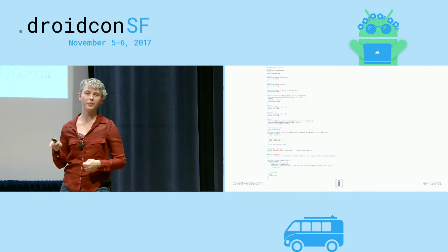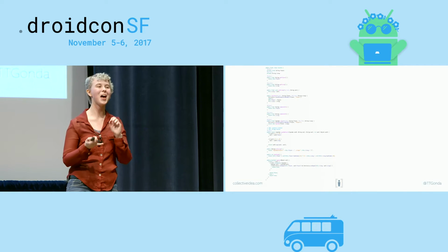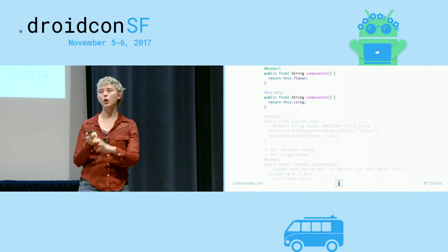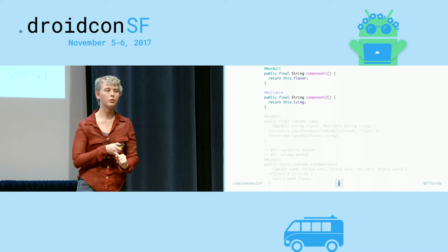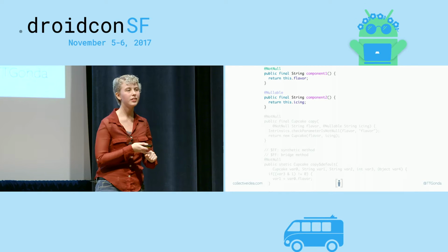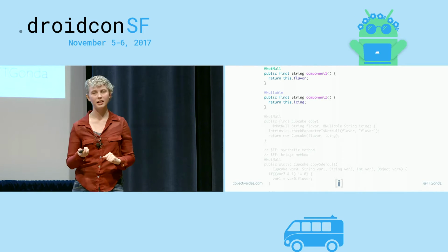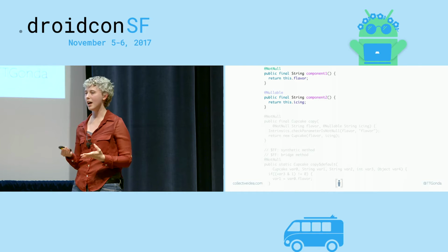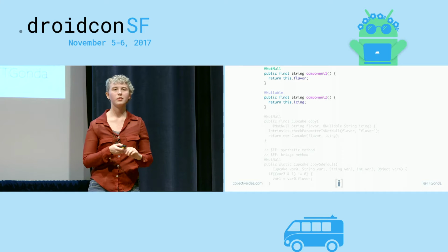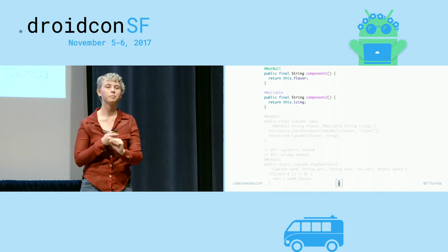We get all of that. We have everything that we had before, plus some new parts. So let's just look at the new things. We have this component1 and component2 that return each of the fields, flavor and icing. These are used for destructuring class declarations, which I'll elaborate on in a bit. Just note at this point, they return the properties, flavor and icing.